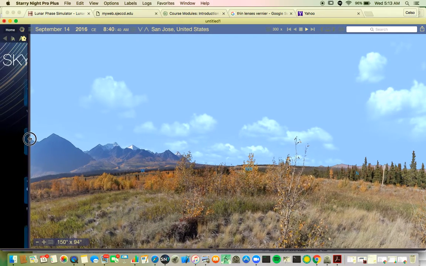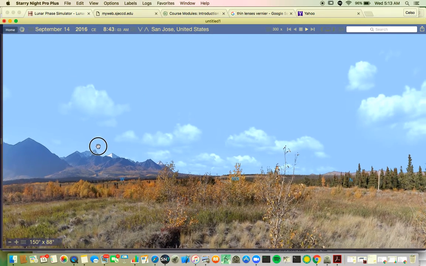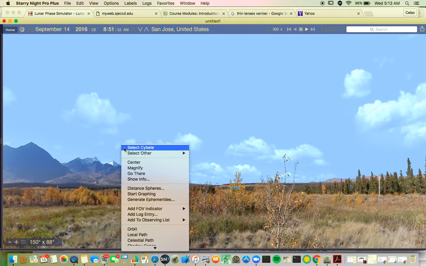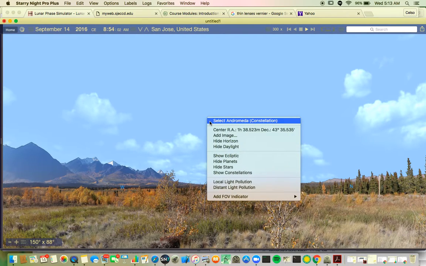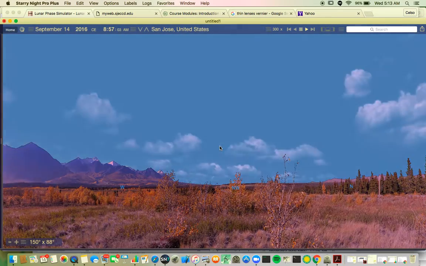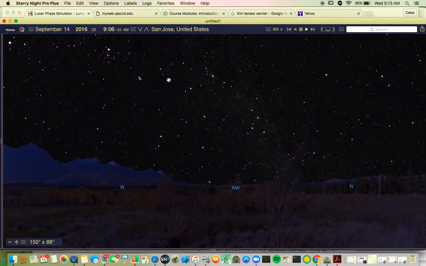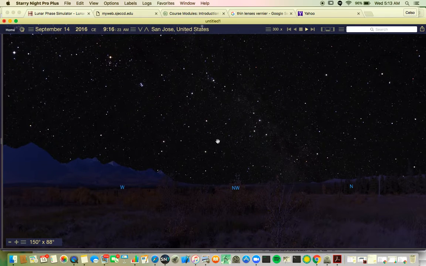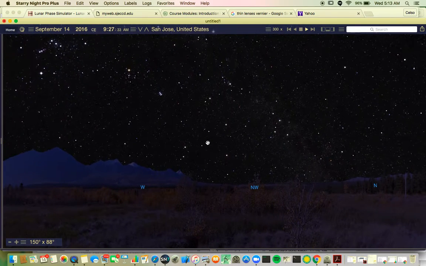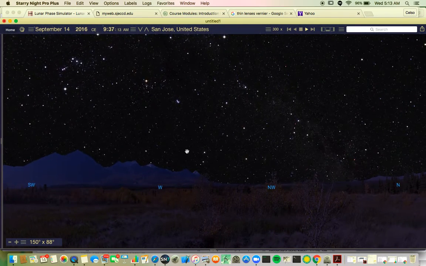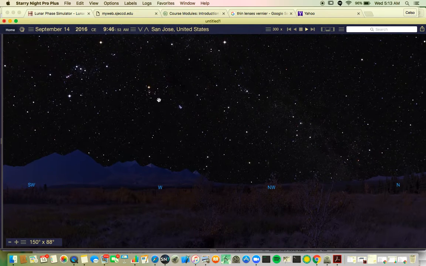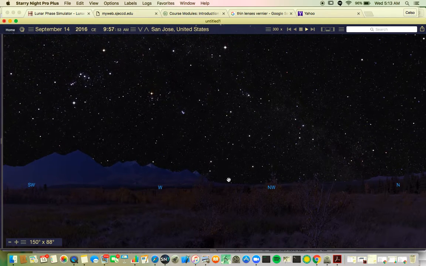Right now we don't see anything because it's daytime, but since this is software, I'm going to get rid of daylight. There you go. It's 9 a.m., but I got rid of daylight, and if you look in the western sky, you're going to see Aldebaran going down, the Pleiades going down.